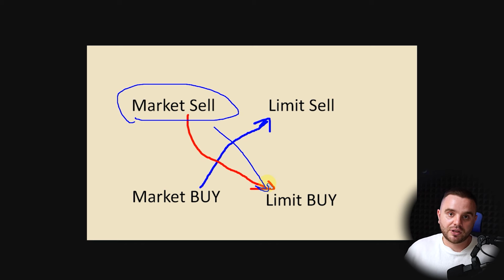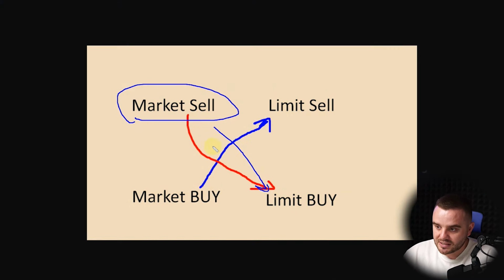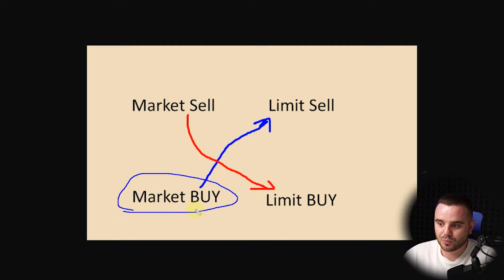But in our reality, there must always be two sides of every trade. That means if I sell one Bitcoin, I must sell it to someone. Based on that, when you market sell, you sell it to a limit buy. There are always two sides of a trade. And oppositely, when you buy with a market order, you buy it from someone who has a limit sell.